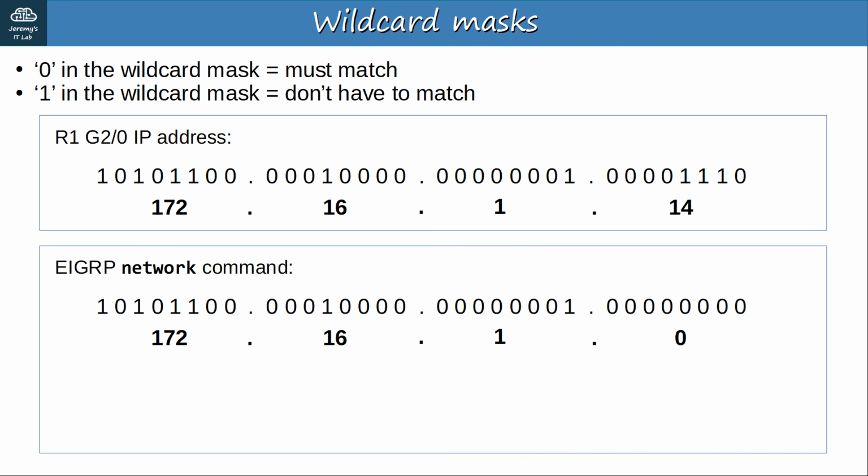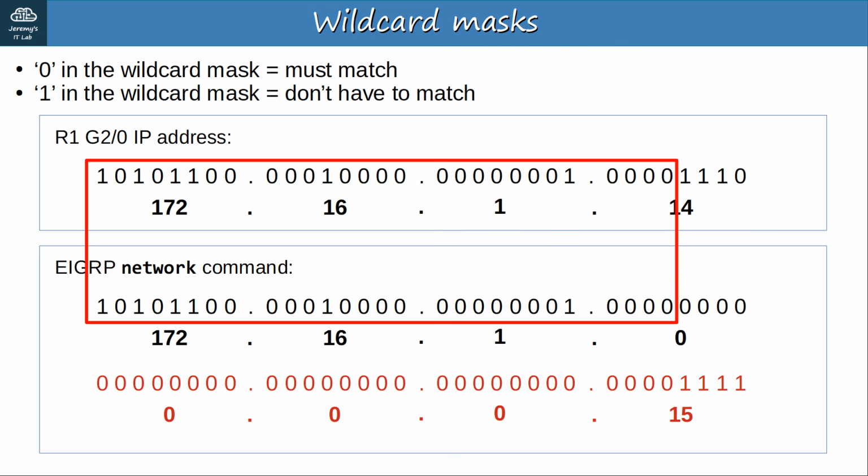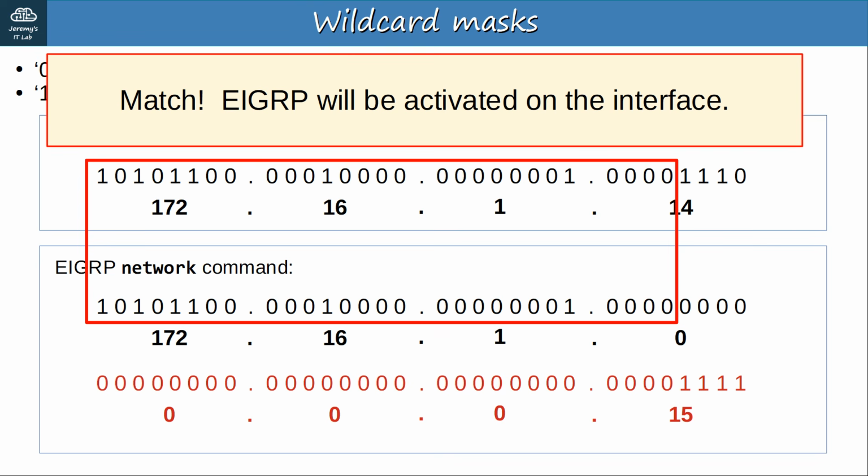I use the EIGRP network command 172.16.1.0 with the following wildcard mask, 0.0.0.15. This means that the first 28 bits must match. Do they? Yes, they do. So we have a match, and EIGRP will be activated on the interface.